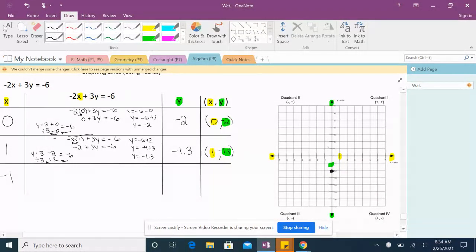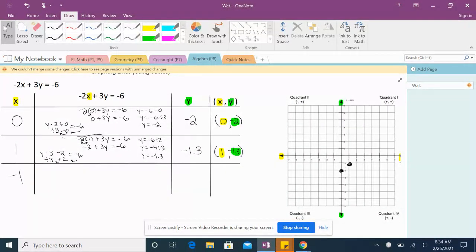Voy a poner una marca a negativo 1.3 en la línea de Y, and where these marks meet is where we have a point. Esas marcas se forman un punto aquí. So these marks form a point here.